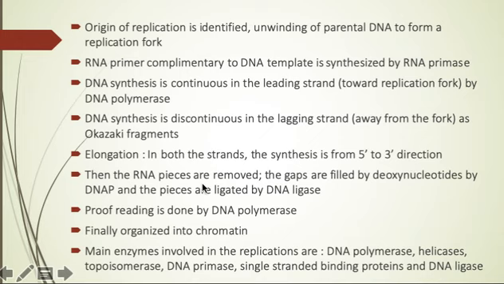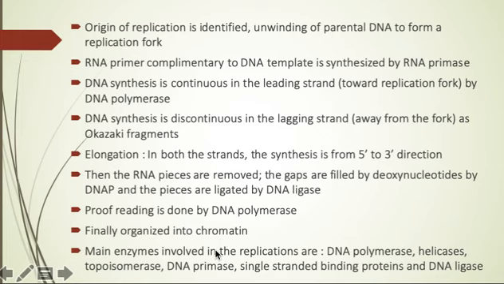Then the RNA pieces are removed. The gaps are filled by deoxynucleotides by DNA polymerase enzyme, and the pieces are ligated by another enzyme, that is DNA ligase. Now the proofreading activity is done by DNA polymerase enzyme, and finally it gets organized into the chromatin.